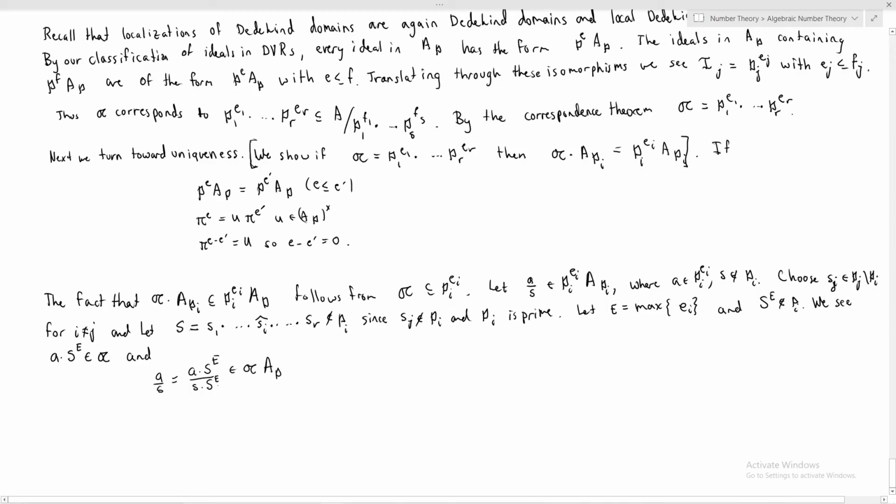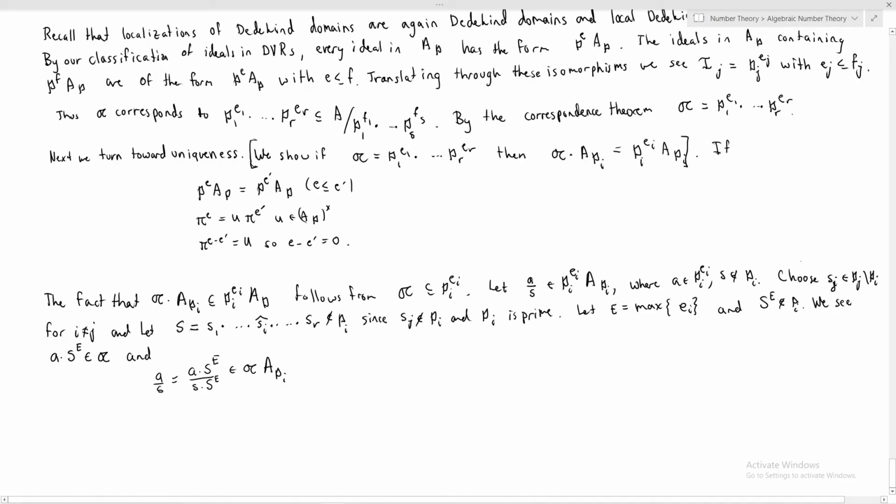Okay, so we took an arbitrary element of Pi to the EI times A sub P. Sorry, I need to be more careful about why this element is in here.